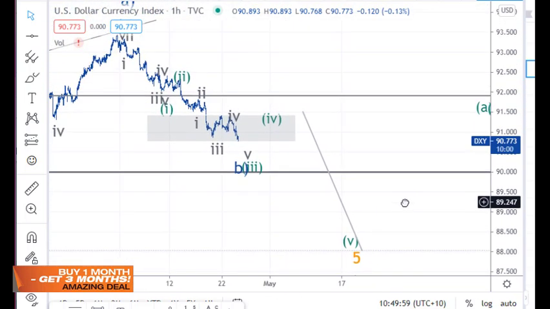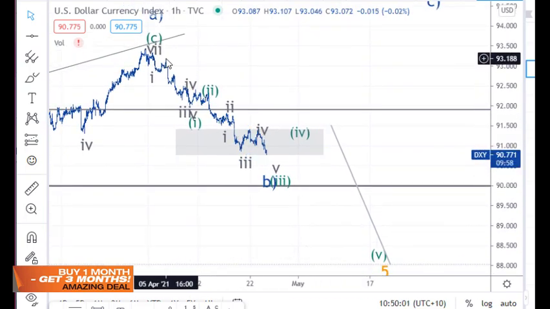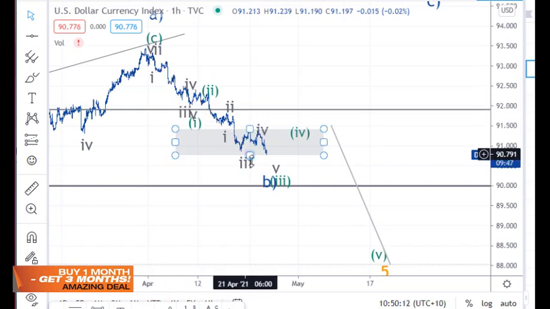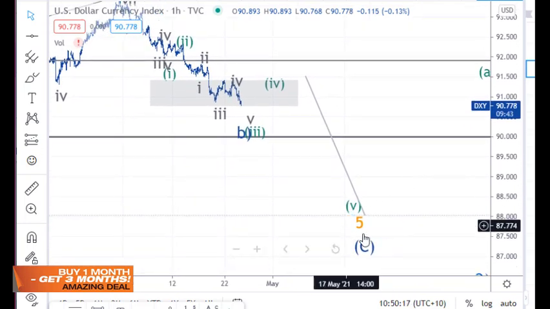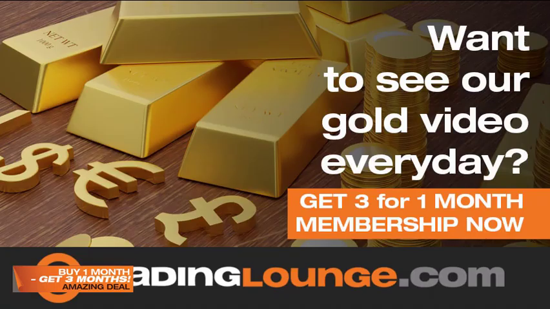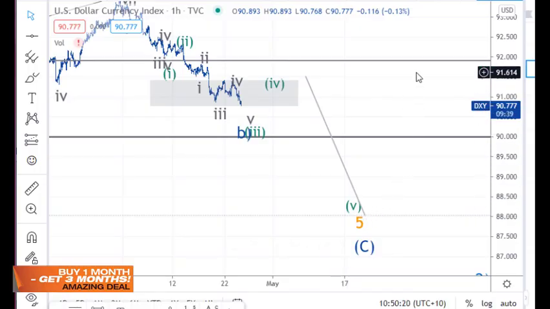And because they turned on the same day, didn't they, the 31st of March. So gold's been running up while this has been running down. And if we're counting this correctly in 5 waves here, once it gets to here, it's going to have a larger rally. So that could put a bit of a dent in gold at that point.